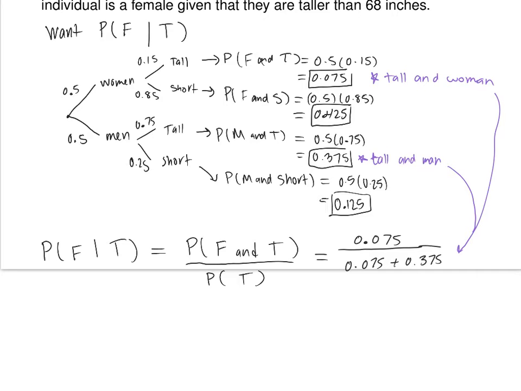And you end up with 0.167. So if you have someone above that height threshold, the chances of them being female is 16.7%, as opposed to knowing nothing about their height, just 50-50, right?